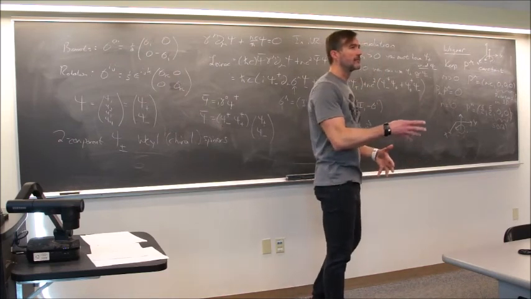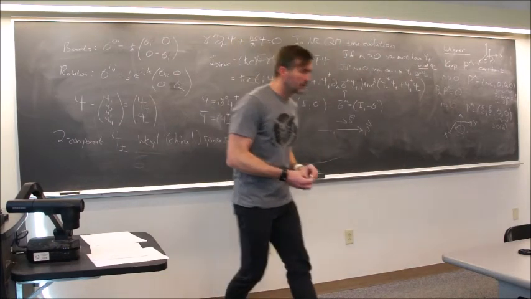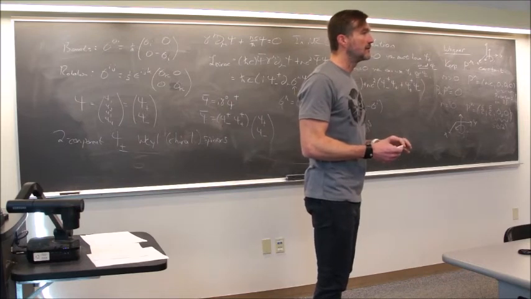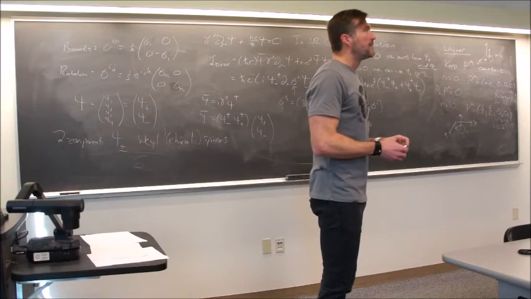Who had their hand there? Yeah. So if we have a massless particle and it has a psi plus and a psi minus, we have this mixing of the positive and negative helicities. Is that what's going on?